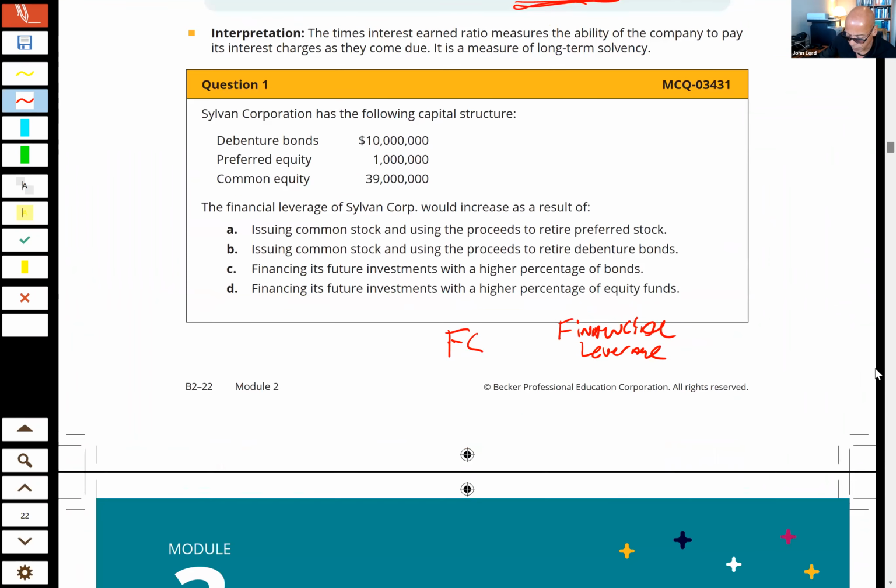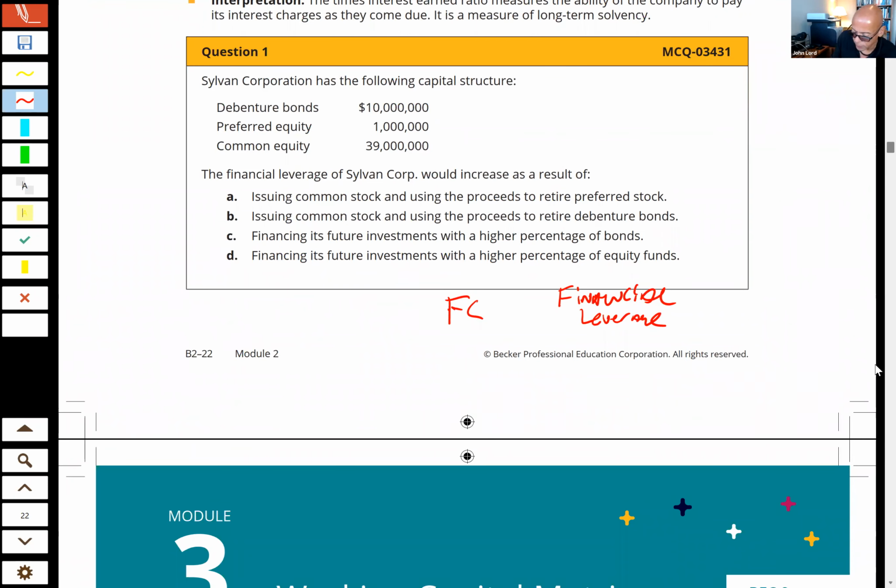So for financial leverage versus debt financing, of course, they move in the same direction. So higher financial leverage with higher debt financing, lower financial leverage with less debt financing.